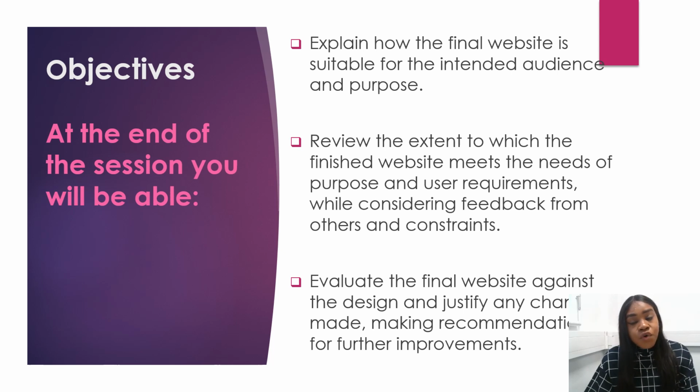And finally, for your D4 or your distinction task, you need to evaluate the final website against the design and justify any change made, making recommendations for further improvements. So we're going to start off by going through the introduction and then P7 and then M6 and finally D4.